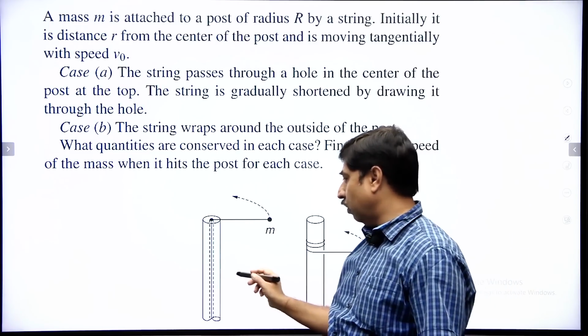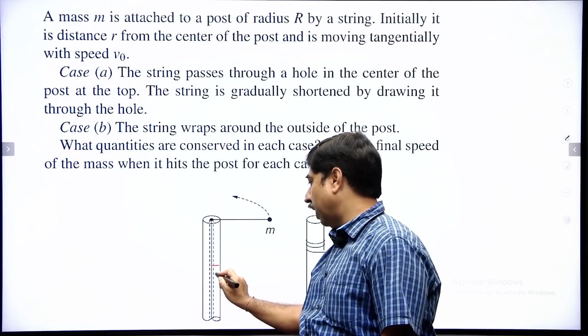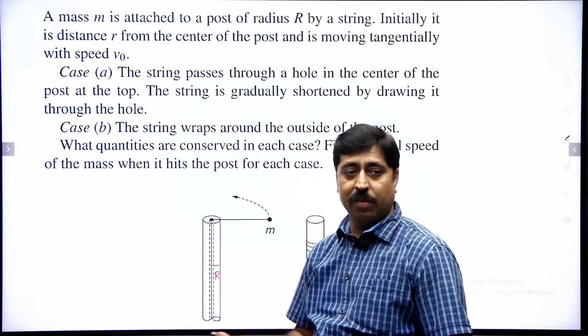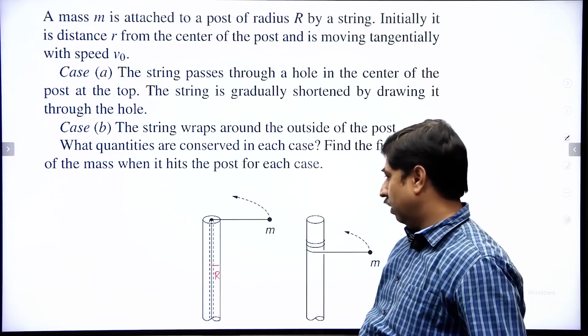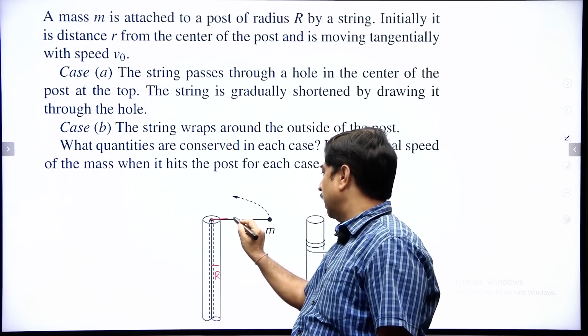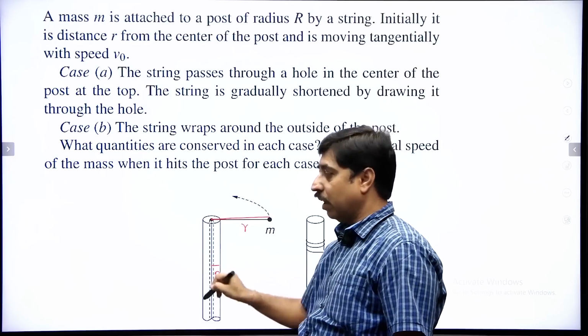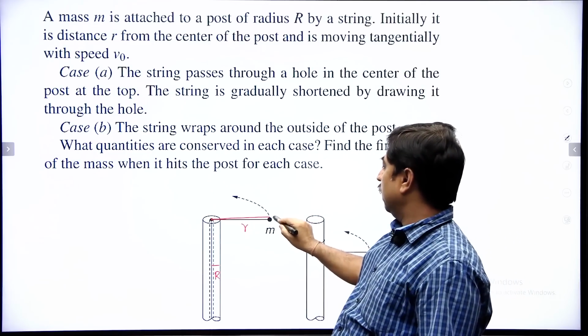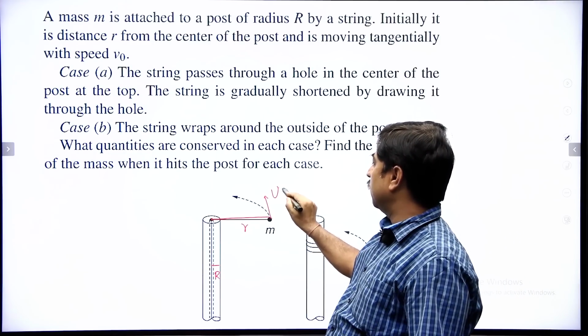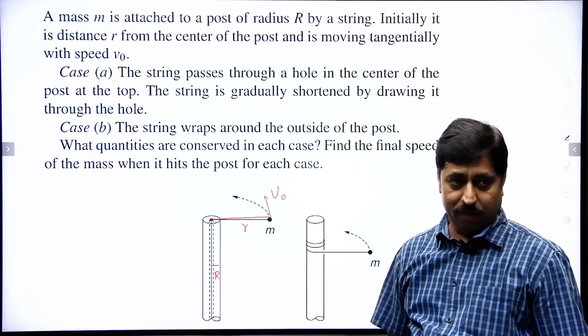Now students, please take a note. This radius is capital R. This is a cylindrical pipe kind of thing and the radius of that pipe is capital R. And this mass is initially at a distance of small r from this central axis, right? And at a particular instant, this mass is having a tangential speed of v naught. This is what the question says.